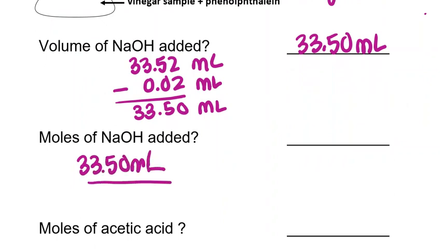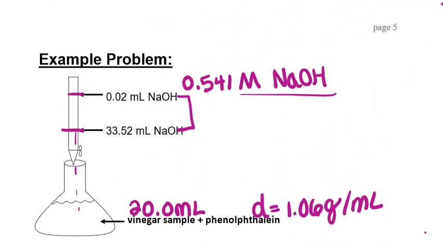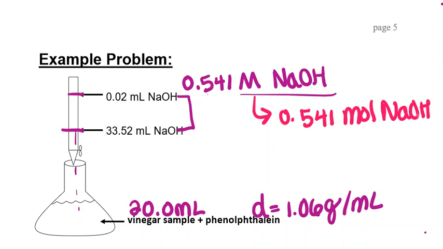This is why we needed to know our concentration or molarity of our sodium hydroxide. This means 0.541 moles of sodium hydroxide per 1 liter of the solution.